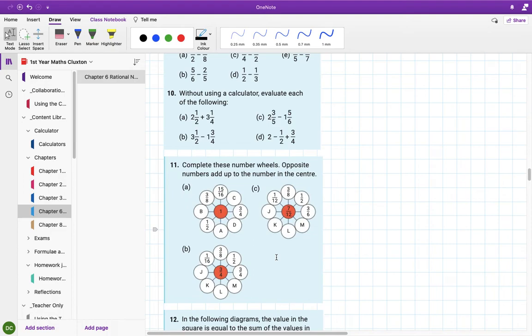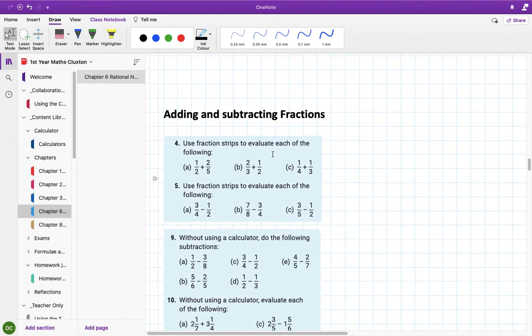Okay? So, your homework, which is due, so for Cluxton and Taylor, this is due tomorrow at 9 a.m. because that's when you have maths. McGrath, it's not due till Friday at 9 a.m. Okay?